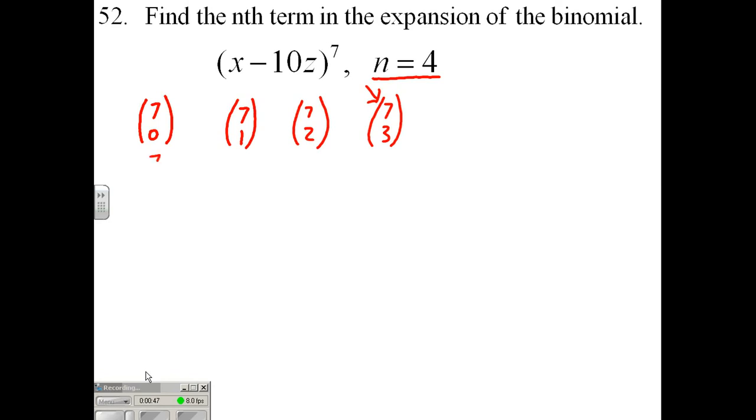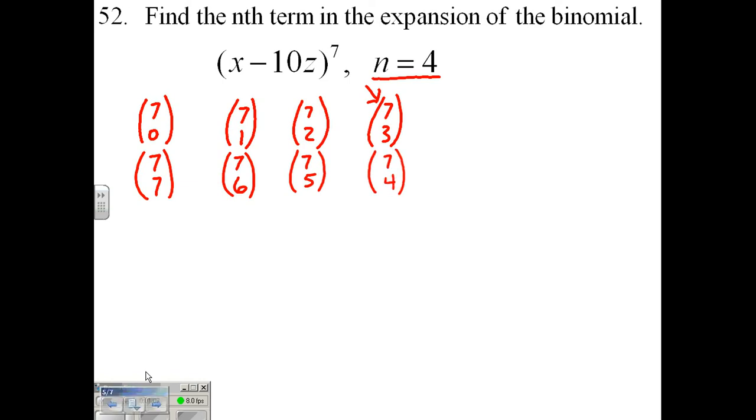Now here's something worth noting. Hopefully at this stage we know that C7,7 is equal to C7,0. C7,6 is equal to C7,1. Combination 7,5 equals combination 7,2. And more importantly for this problem, combination 7,4 is combination 7,3. We can actually use combination 7,4, with n being given as 4.